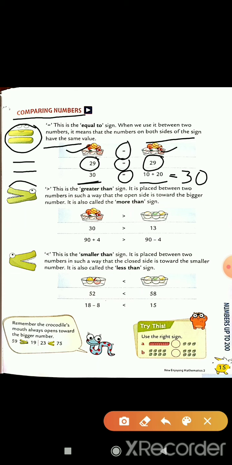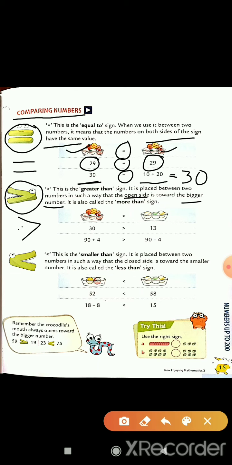Next sign is the greater than sign. It is placed between two numbers in such a way that the open side is toward the bigger number.